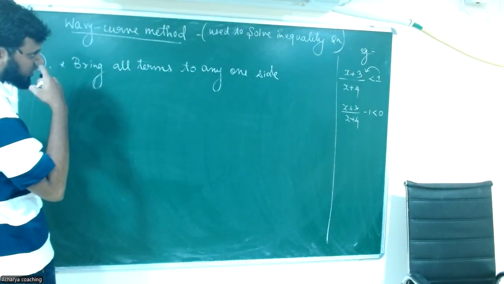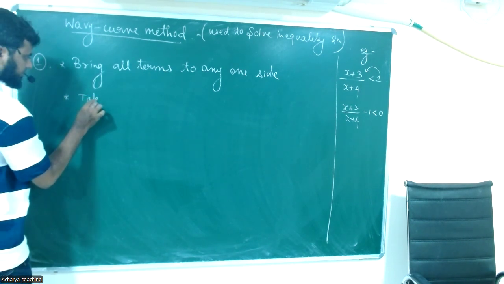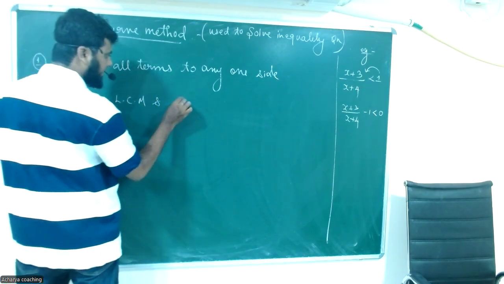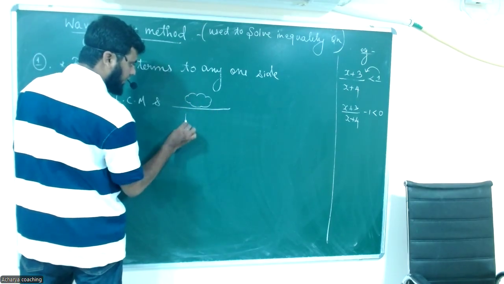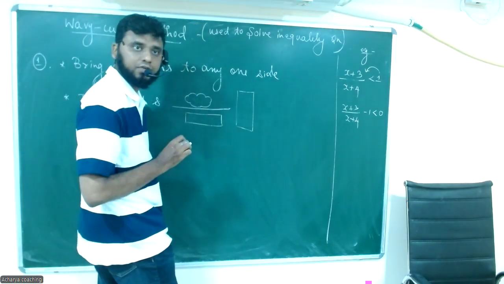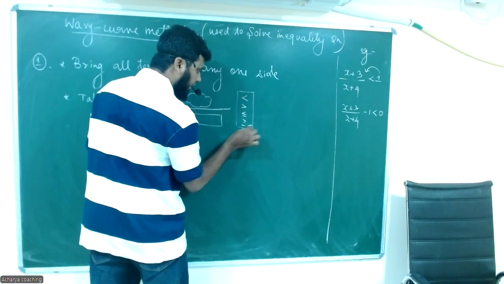So after bringing all the terms to any one side, take LCM, and write the numerator as one term, the whole divided by the denominator as some term. Here we can have 4 signs of inequality. Either it can be less than, or greater than, or less than or equal to, or greater than or equal to.